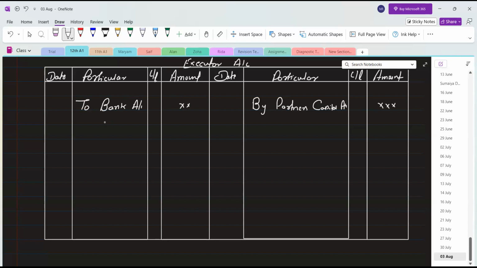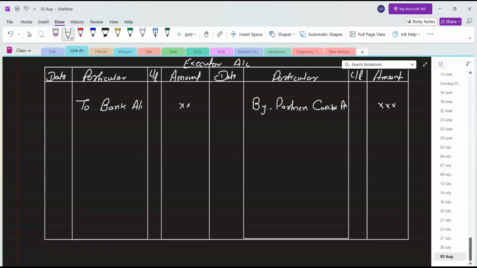In that case, you have to prepare this account for 2 or 3 years, whatever said in the question. And in these 3 years, we have to pass the journal entry for interest, we have to pass the journal entry for installment payment, and then the remaining balance we will calculate.